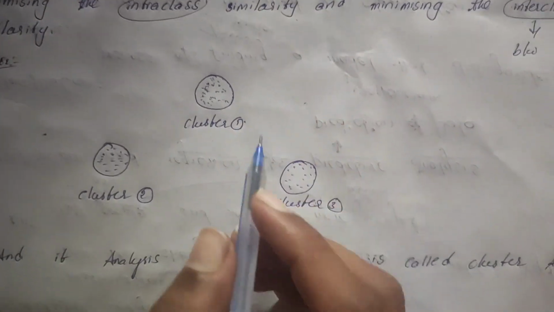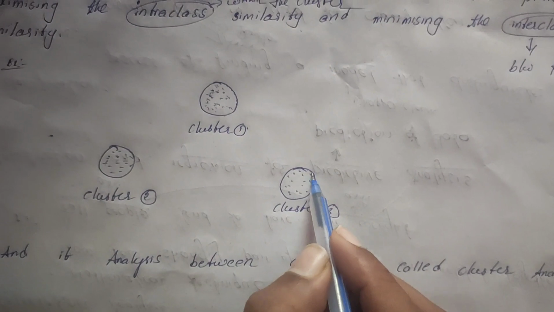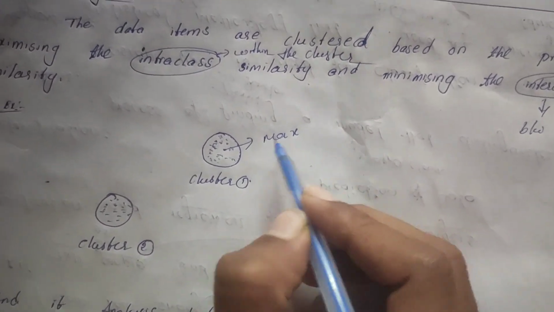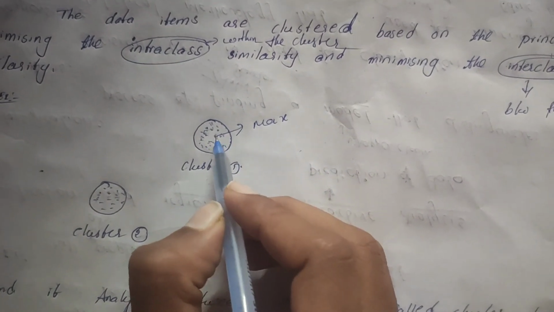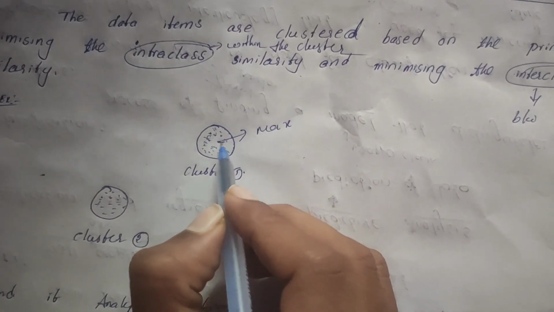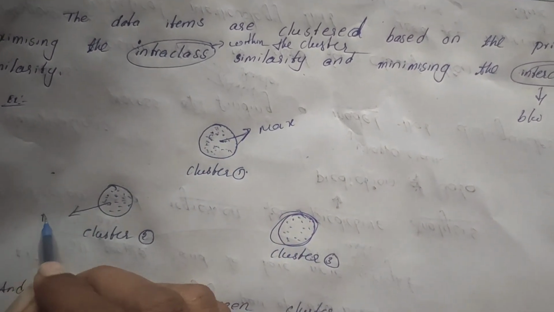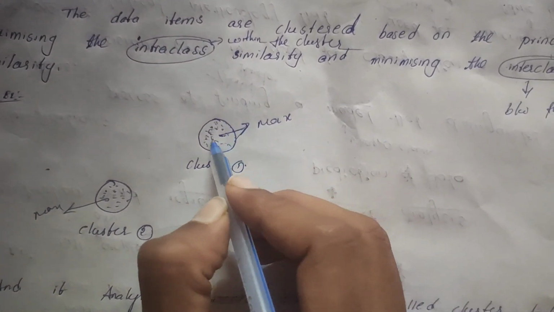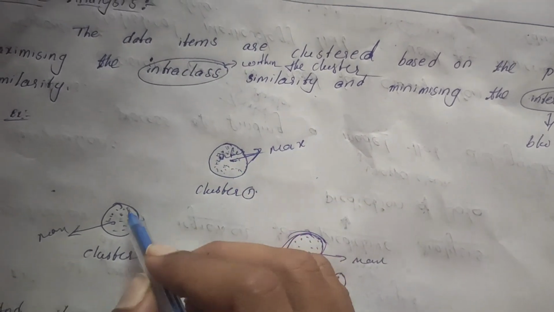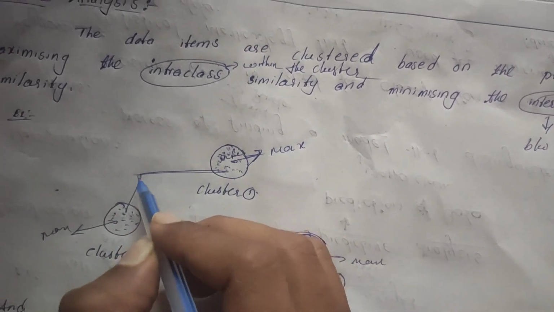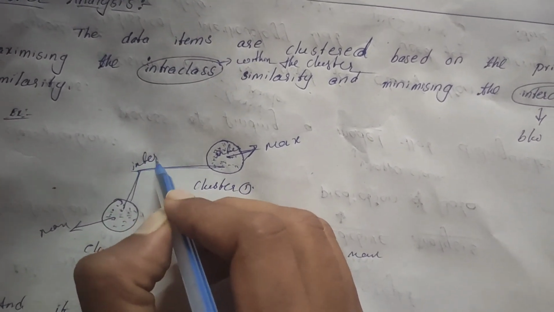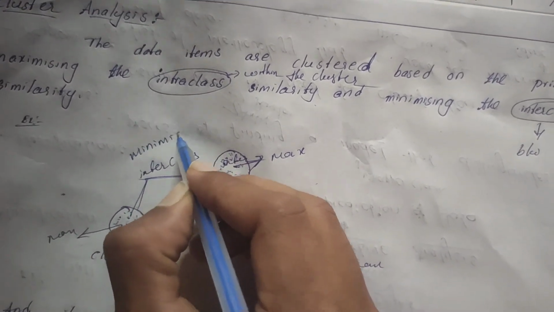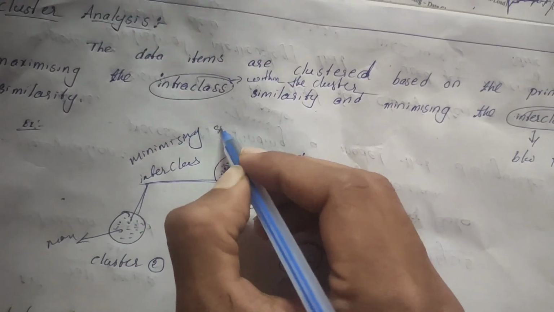Consider cluster 1, cluster 2, cluster 3. Here, maximizing: it has more similar data, and here also more similar data, here also more similar data. This is intra-class, and between these clusters is inter-class. It has minimizing similarity.